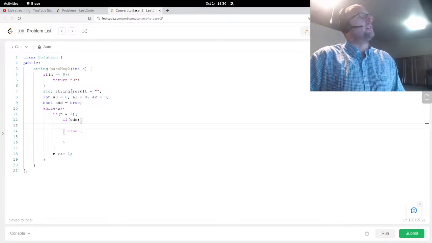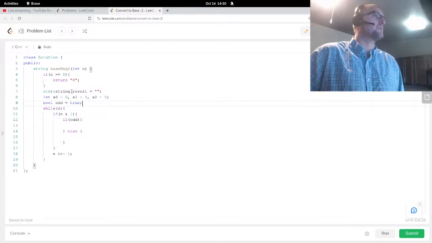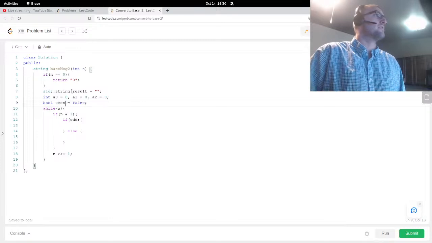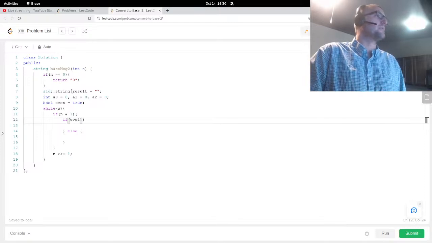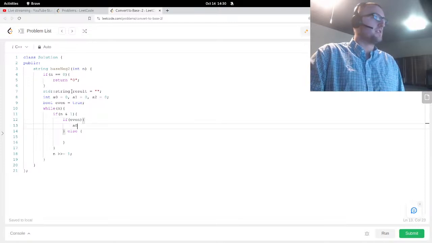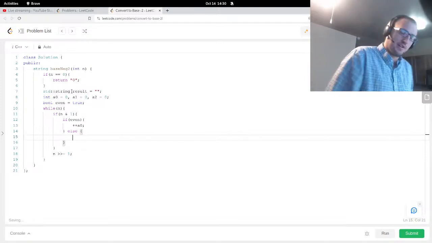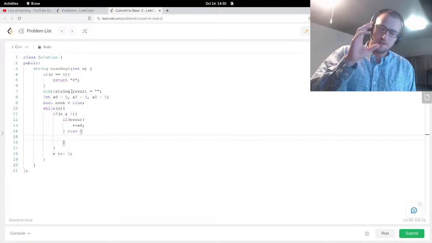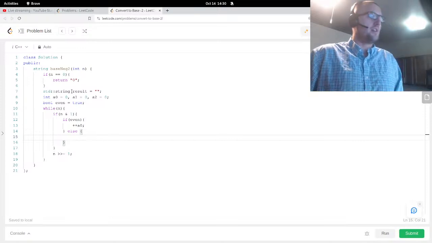If this is an odd power, no, so it starts off as false or even, let's say even power. It's initially even power, right? 2 raised to the 0 is an even power. If it's even, then we can just take a0 and increment it by 1, right? Because that means you can just take 2 raised to that, whatever that is, and make it -2 raised to whatever it is, and increment a0.